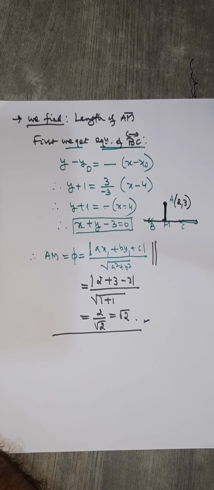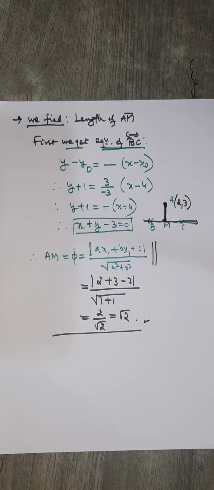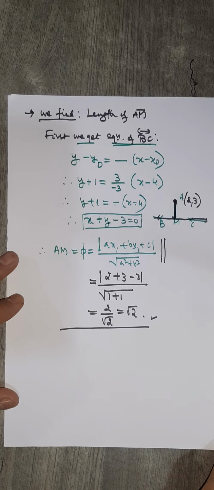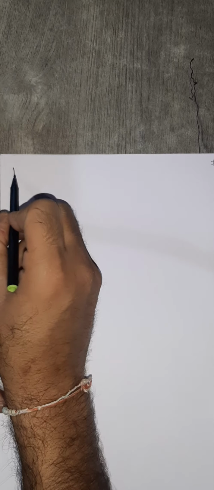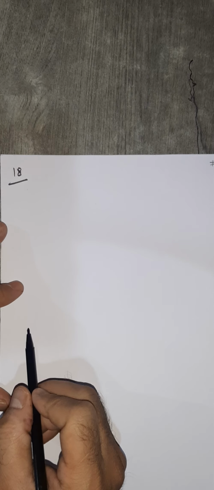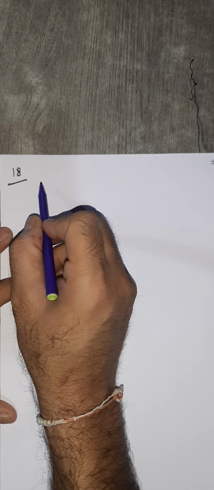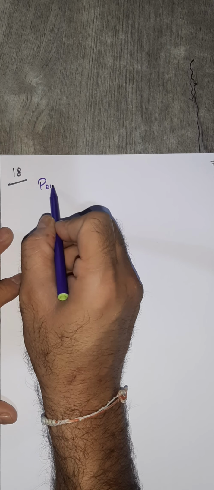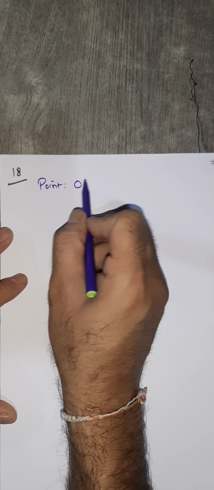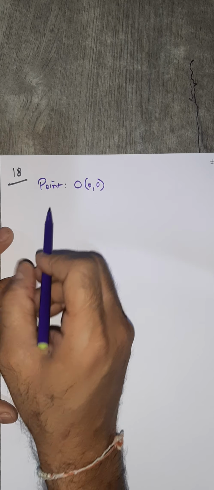Next question, question number 18. What does it say? P is again the length of the perpendicular from the origin to the line whose intercepts on the axes are a and b. So you are given the perpendicular distance from the origin, 0, 0.